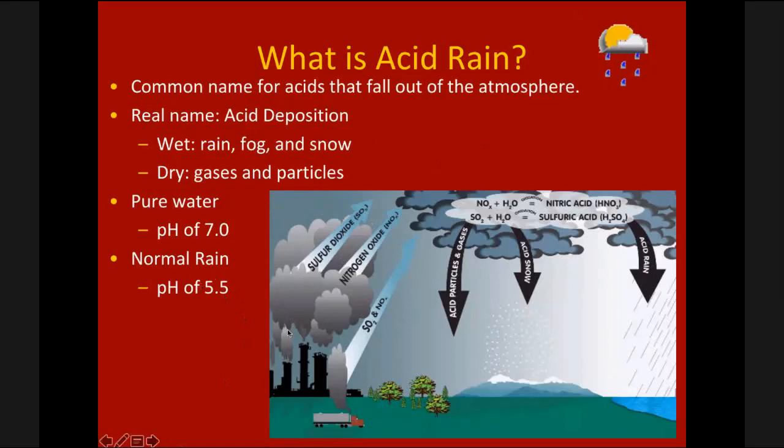Now, the problem with what's happening in our environment is that we're now burning all kinds of fossil fuels and releasing all kinds of chemicals into the atmosphere. And as our concentrations go up, it's like adding more solutes to your Gatorade mix. If you add 5 teaspoons of Gatorade powder instead of 1, right, your overall solution is going to be a lot more concentrated.